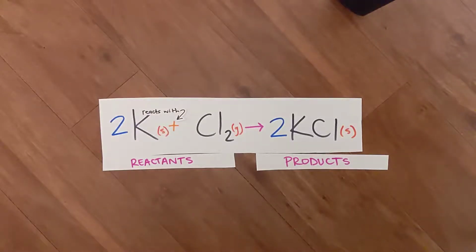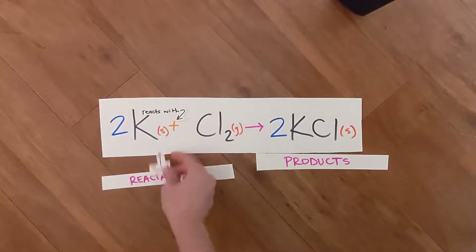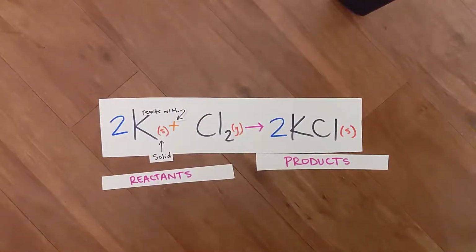And these small letters which come after the K and the Cl2 and the KCl represent the state of matter the element is in or the compound is in. So for potassium, we see an S. That just means this potassium is in the solid state.